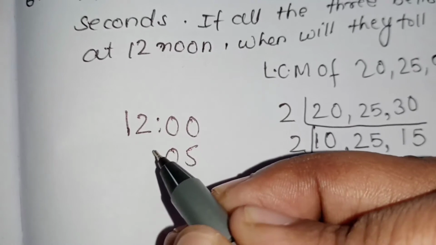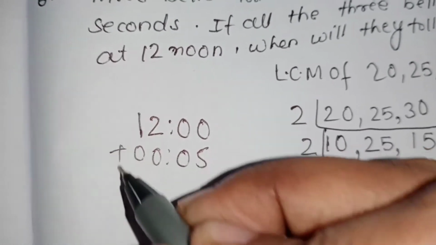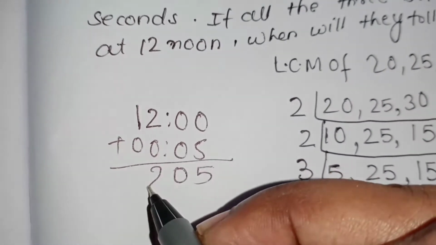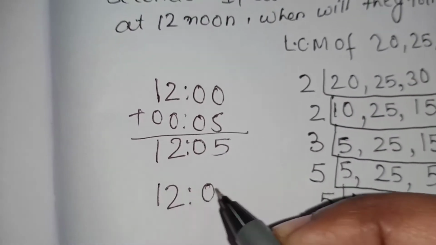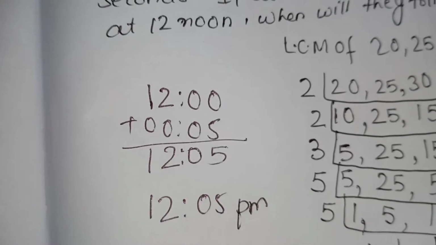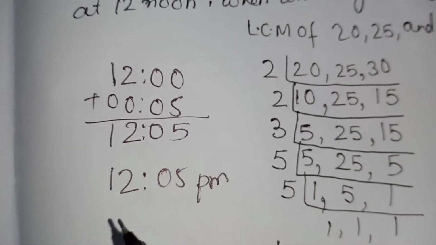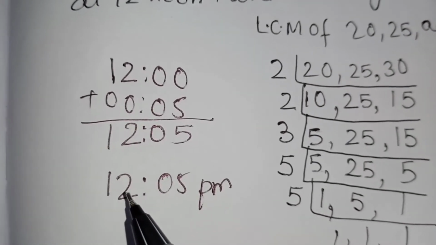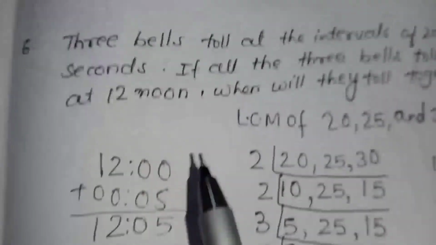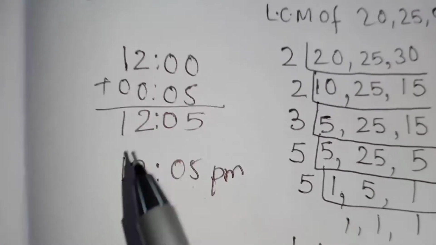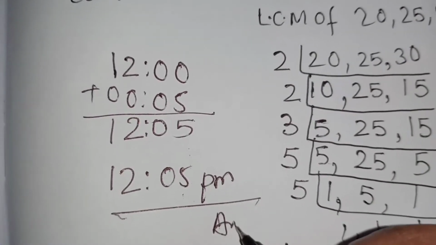I'm adding here 5 minutes. So it will toll again after 5 minutes, and what will be the time? 12:05 will be the time, and it will be PM. It was noon, so what you have to add is PM. So this is the answer.